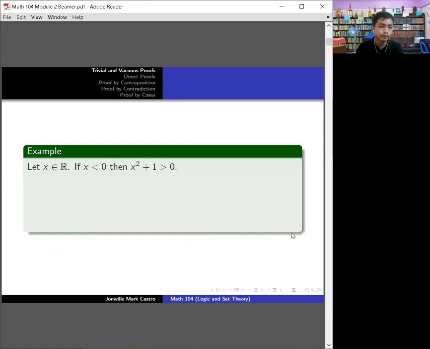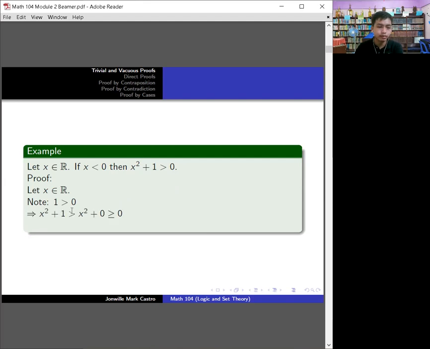So, for example, let X be in R, the set of real numbers. If X is less than 0, then X squared plus 1 is greater than 0. Okay, so yung proof nito, mag-start tayo sa assumption that X be in R. Then note that 1 is greater than 0. Then mag-add tayo ng X squared both sides.